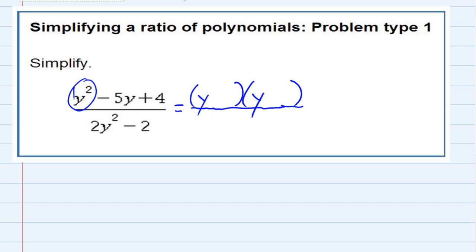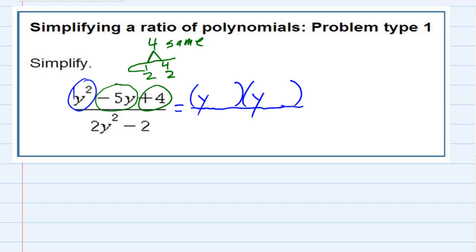Now, to find the last term there, we take the 4, which is our last one, the positive 4, and there's only two combinations, 1 and 4 or 2 and 2, but I need to choose a combination that adds up to -5. So if they're going to add up to -5 but multiply to be 4, since they multiply to be a positive 4, the signs have to be the same.